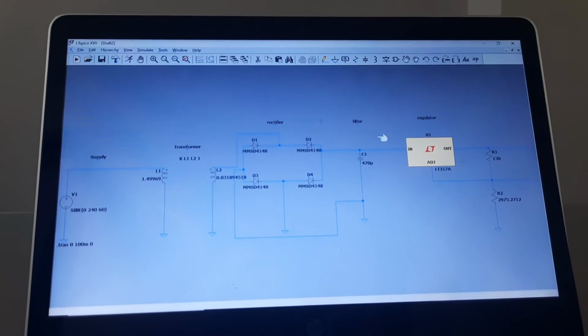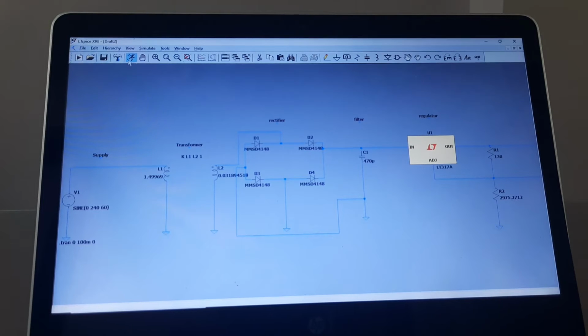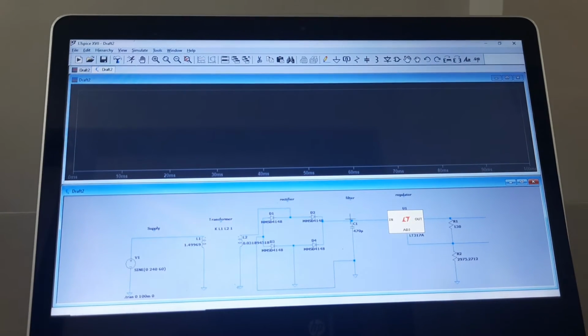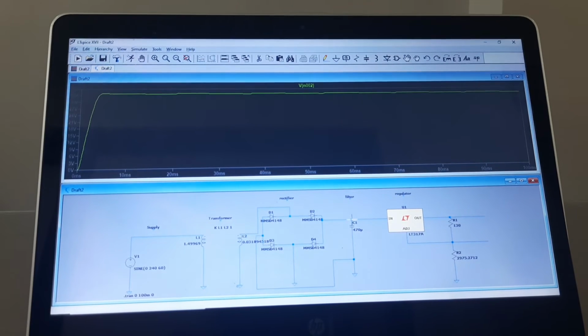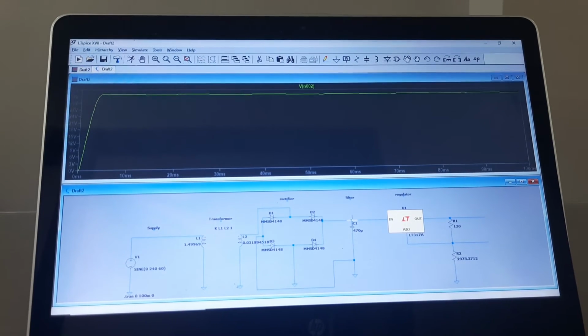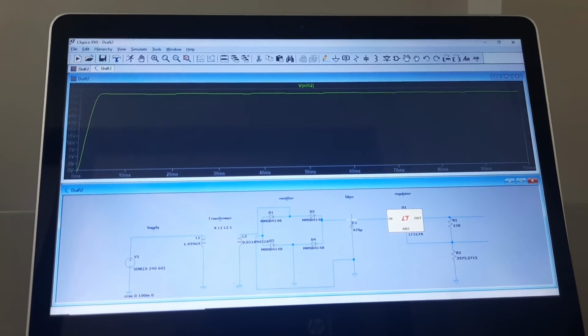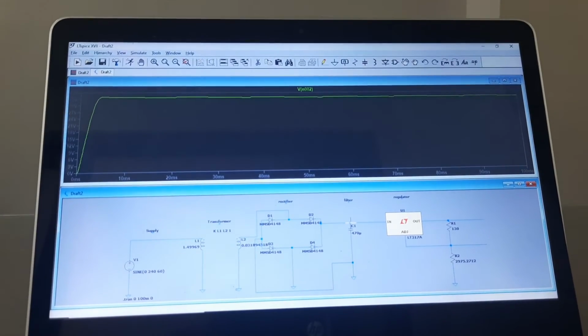If I tap here, the oscilloscope must show a rippled voltage. As we can see, the voltage component is rippled for the filter.